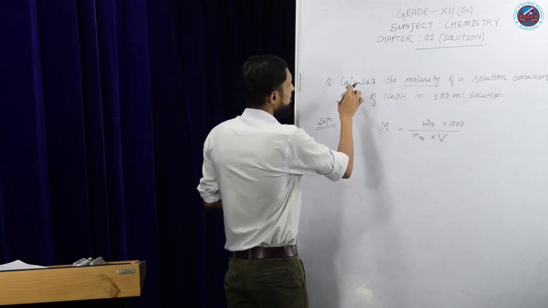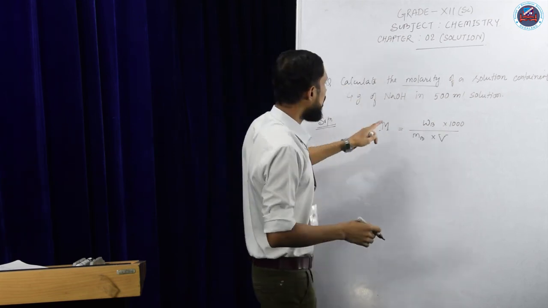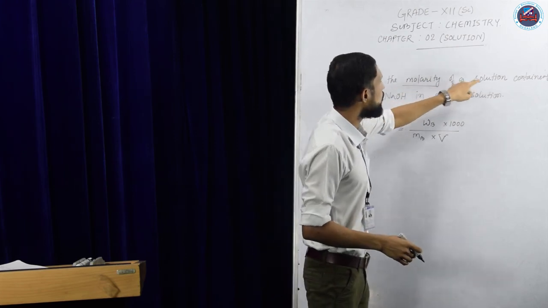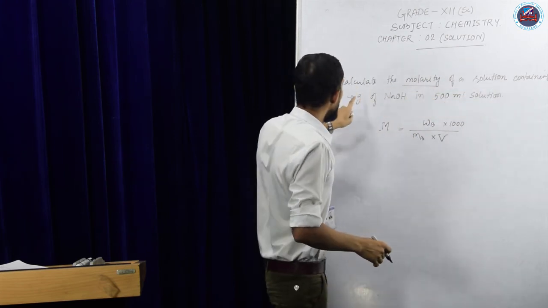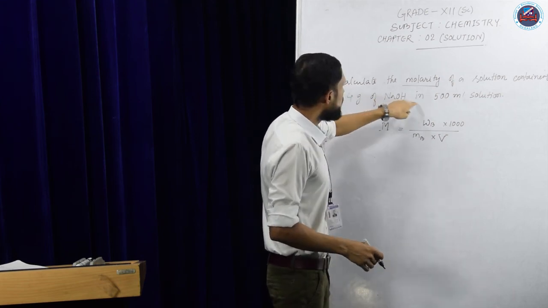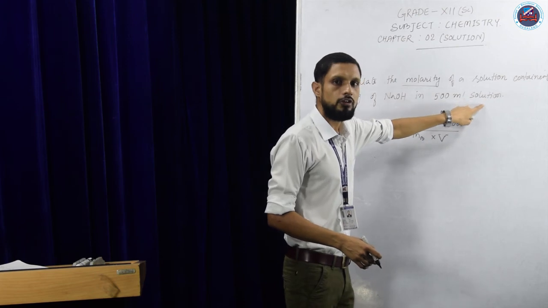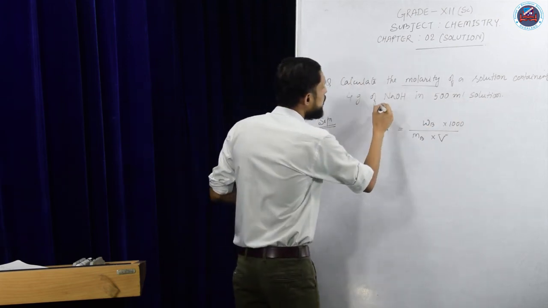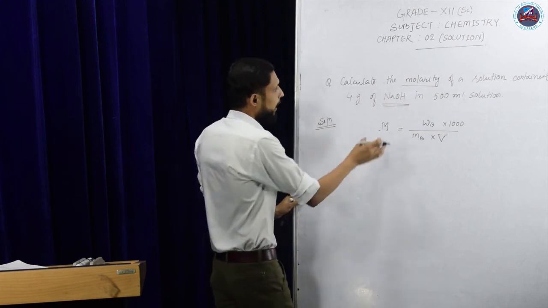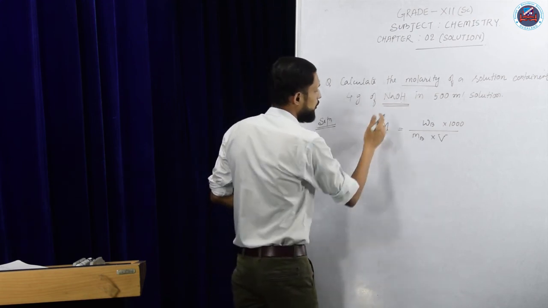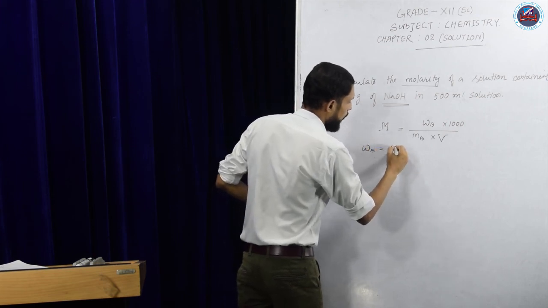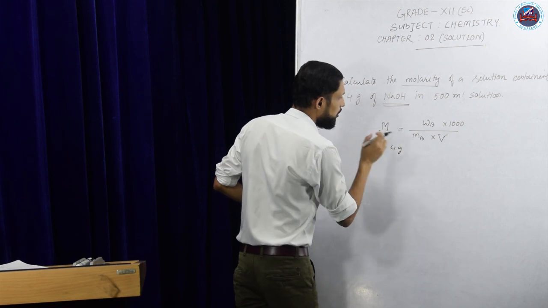So first, read the question and find out the variables given. Calculate the molarity of a solution containing 4 gram of NaOH in 500 ml solution. Now here, the solute is NaOH, that is sodium hydroxide, and it is given 4 gram of NaOH. So mass of the solute is 4 gram, that is WB equal to 4 gram.